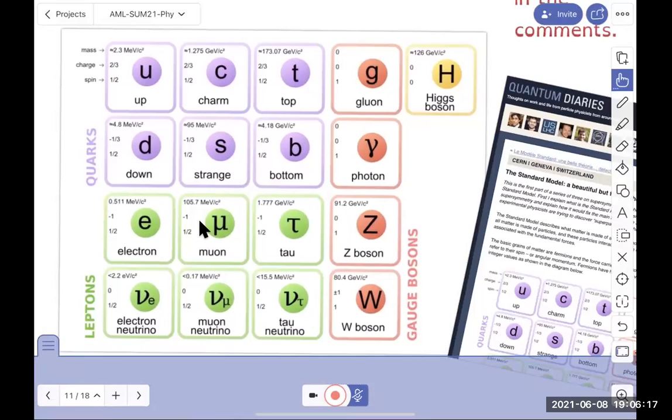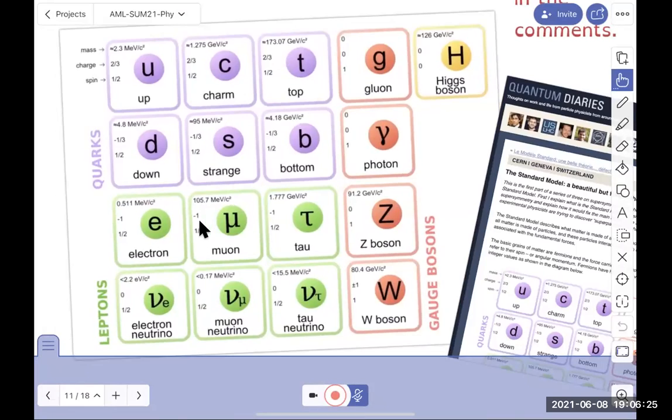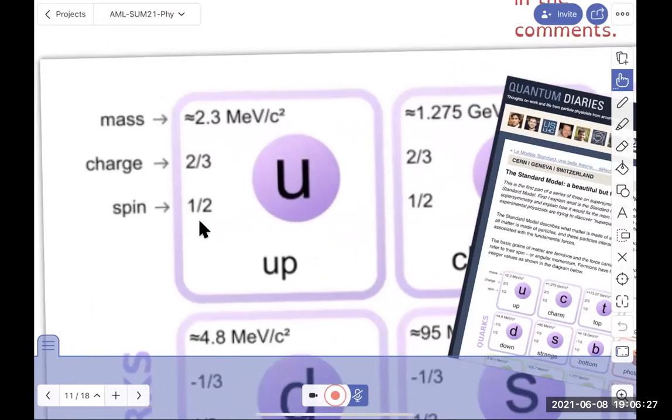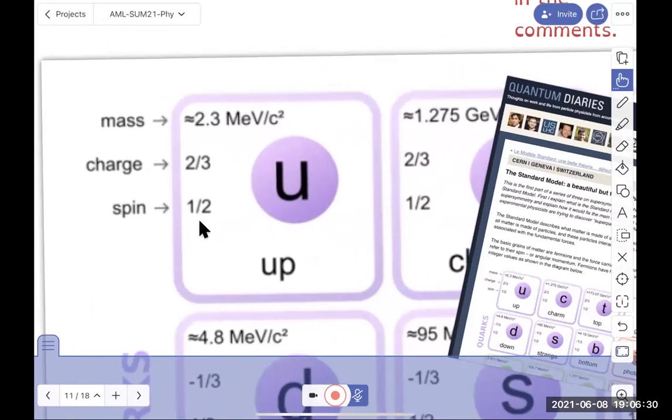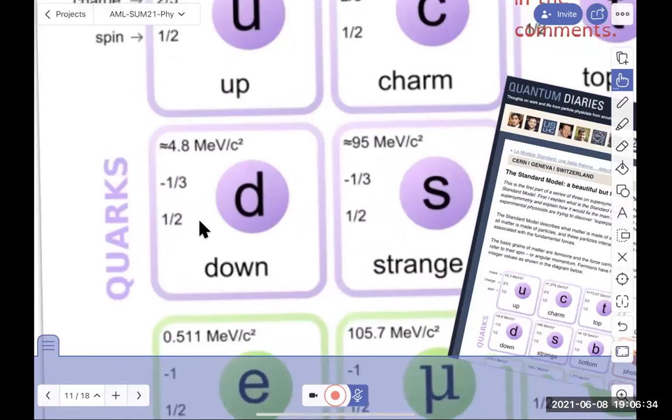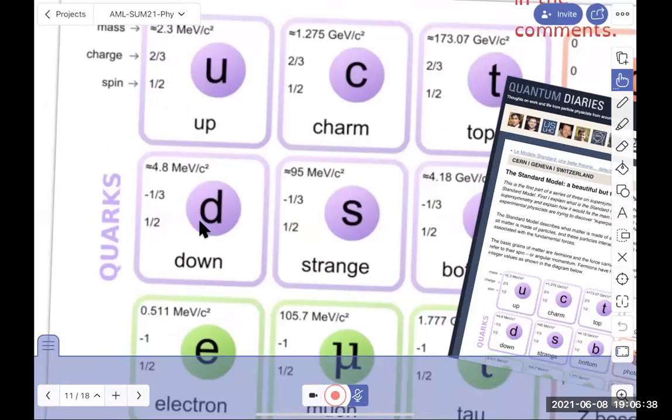But it is interesting to think that a proton is 2 up quarks and a down quark. The up quark has a 2/3 charge, so 2 of them make 4/3, and a down quark has negative 1/3 charge. So that makes it a positive 1. You see what I'm saying?